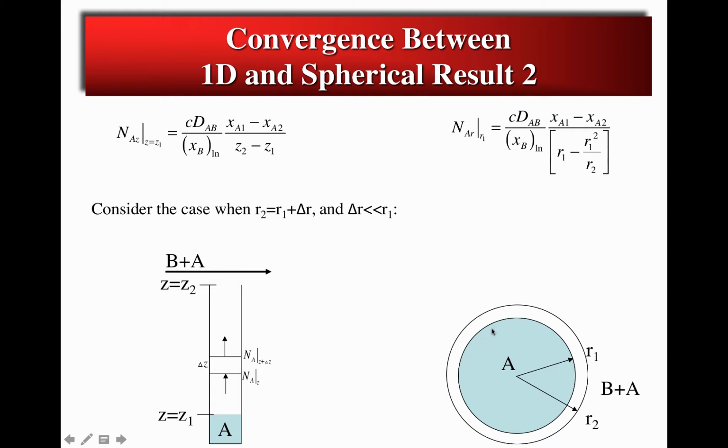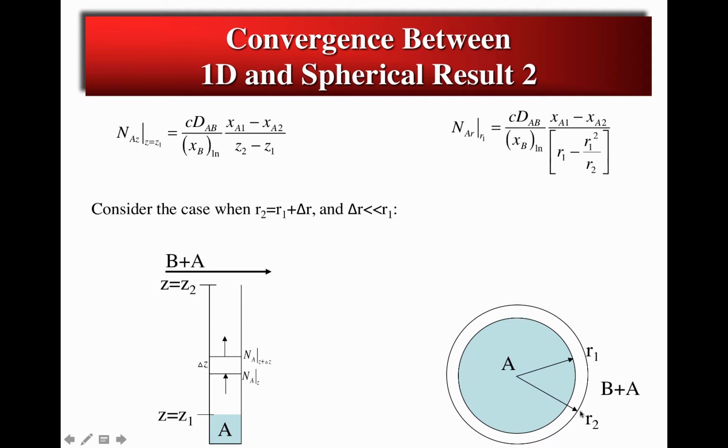I want to consider now the case where R2 minus R1, that is this layer around the liquid or solid droplet, is thin relative to the radius of the particle R1. R2 is the radial coordinate at the outer band of where the concentration of A is changing in the gas phase.